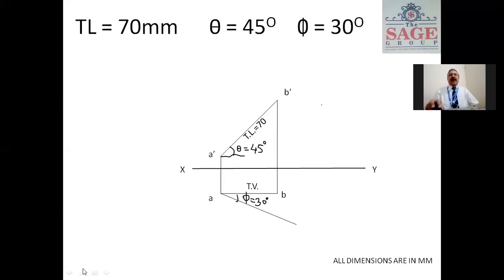We mark here the same true length, that is 70 mm, and we get point B1 dash, B1. Now we project this point B1 and draw a parallel line from A dash. So it gives us point B1 dash.